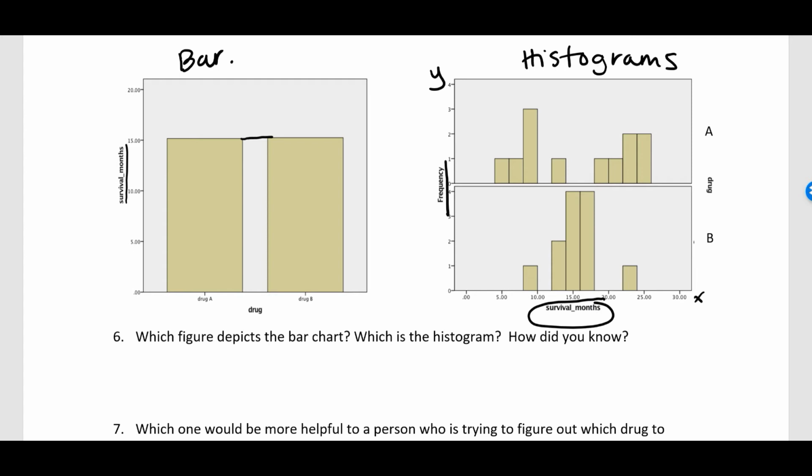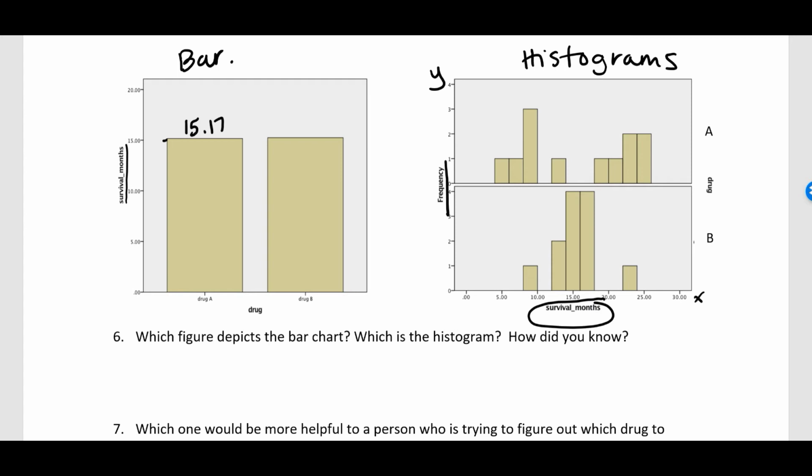They're both about 15. And so what this bar chart is showing us is these are the averages, right? So this for drug A was 15.17. So really, if we were to trace this out, it's 15.17.